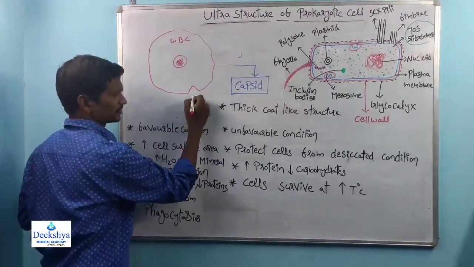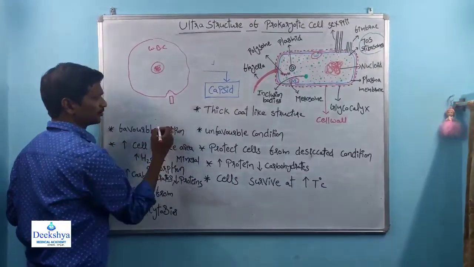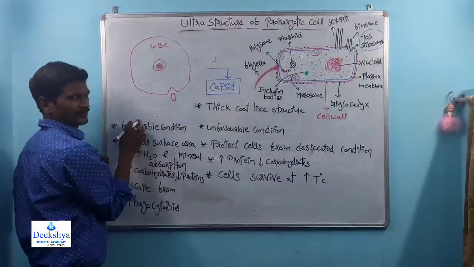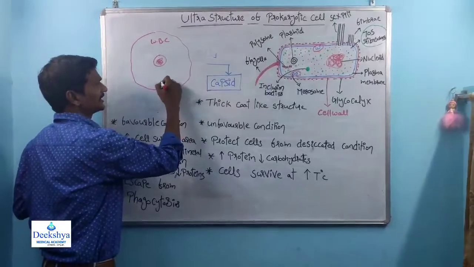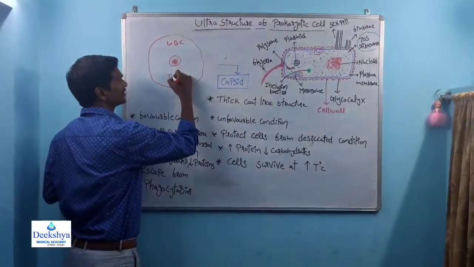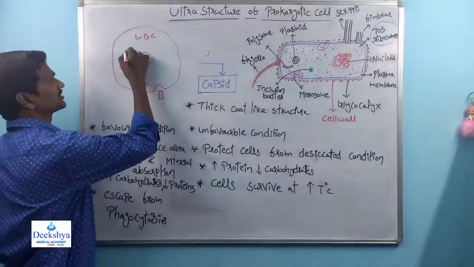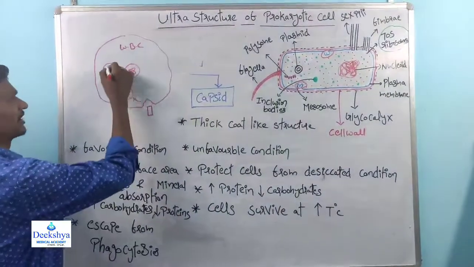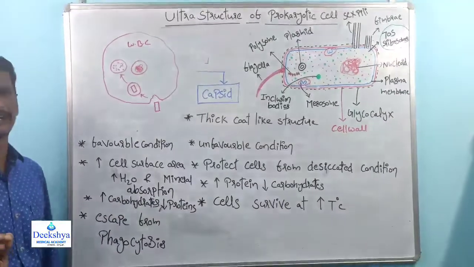During the phagocytosis process, this is one of the bacteria. The bacteria is taken in by the phagocytosis process. Once the bacteria is taken inside the white blood cell, the bacterial cells are destroyed. So this is the general defense mechanism.